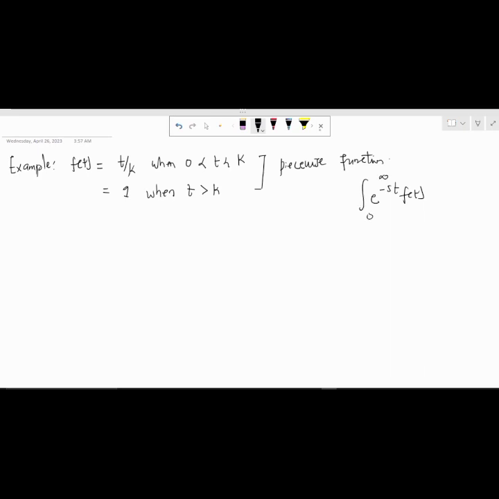But now you see that this is a bit different in the sense that they've given us a boundary here, and they've given us another boundary here. So the Laplace transform of f of t here will be equal to the Laplace transform of t over k, given this boundary 0 to k, plus the Laplace transform of 1. Well, we have a boundary here, t more than k in this case.